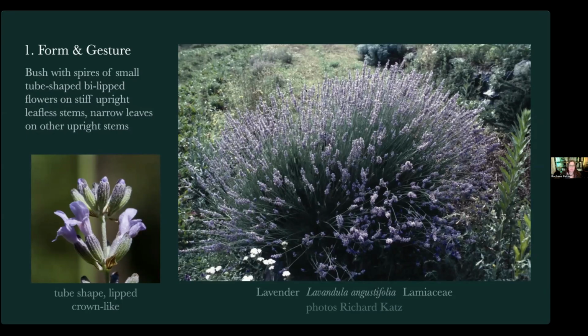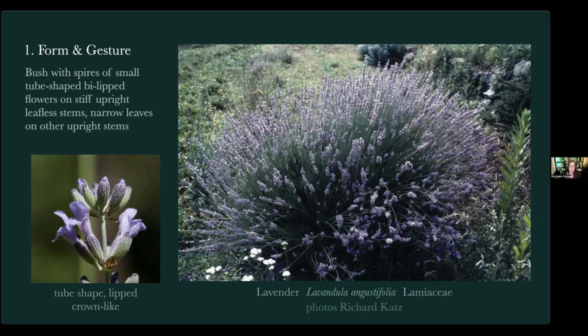It's got tube shaped flowers that are considered bi-lipped or bilateral, because they have a top and a bottom part, but also they have a tube that's this sort of area here. Their bud kind of goes into a tube. So it's not a long one, but I think that's something to point out.